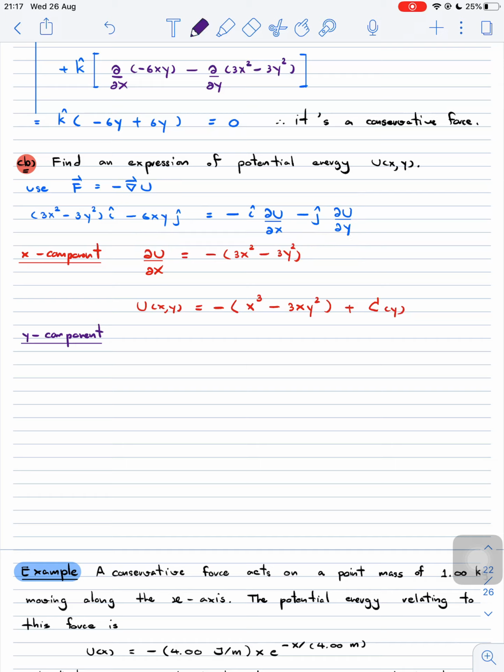Okay, so we have that du by dy must be equal to, okay, the negative sign and negative sign just cancel out, right? It must be equal to 6 times x and y.